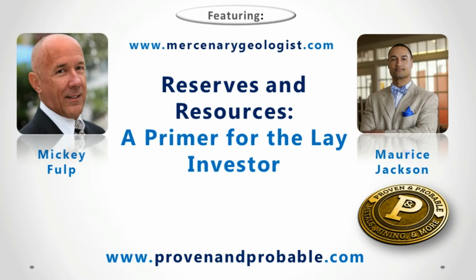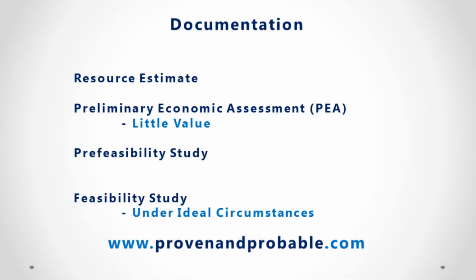Now that we've covered resource and reserves, we often hear the terms 43-101, a PEA, pre-feasibility, and feasibility. Can you share something about these documents with us? Sure. So the resource estimate is the first geological document that is produced, and it's basically a compilation of inferred, indicated, and/or measured resources with no economic factors put into that.